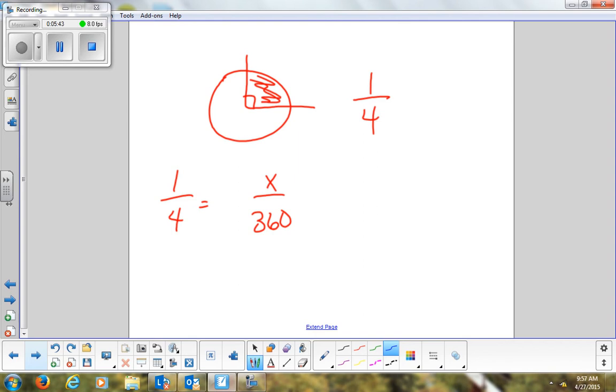Carolina? Times what? That's correct. Why? I can't change this fraction. 1/4 stays the same. You're getting very close.